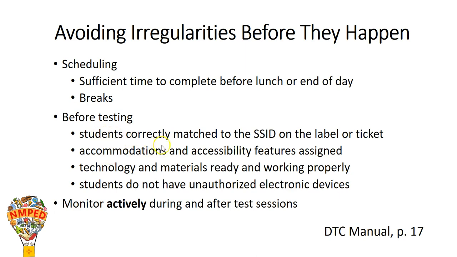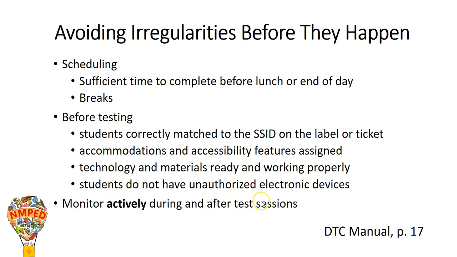Before testing, make sure that the student IDs are on the label tickets, the correct ticket. Accommodations and accessibility features are assigned. Really have to check those accommodations. Sometimes those roll over from years past and it's not always accurate. So you really need to check every student's accommodations. Technology, we have to make sure everything is ready.